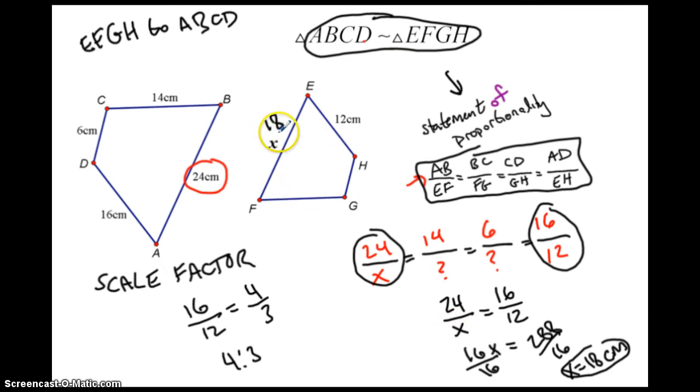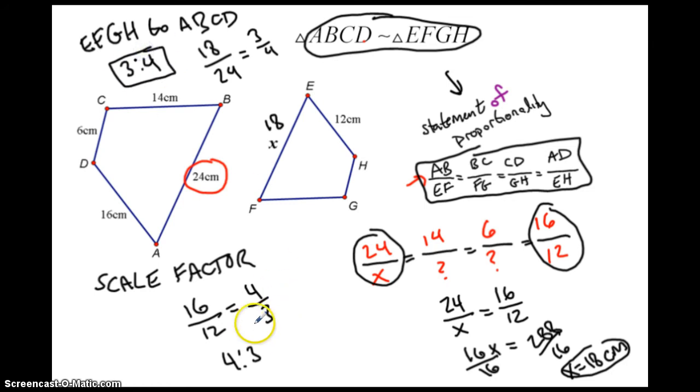So let's say we started with 18, and we put that over what 18 goes with in the other figure, which we know is 24. We simplify that, and we get 3 over 4, which means the scale factor of EFGH to ABCD is 3 to 4.